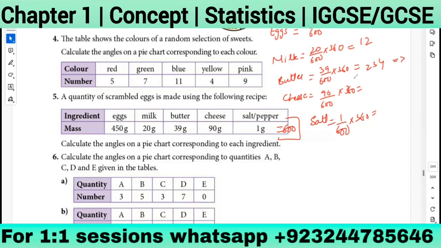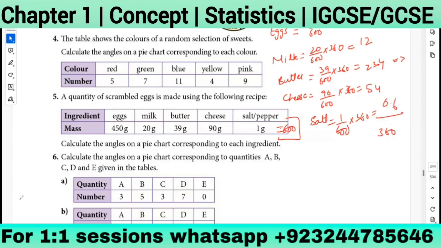Sorry, it's 23.4. So we can write 23.4, not 234. There's a big difference. Okay, cheese. For cheese, 54. Okay, for salt, 0.6. So in this table, we'll get a total of 360.